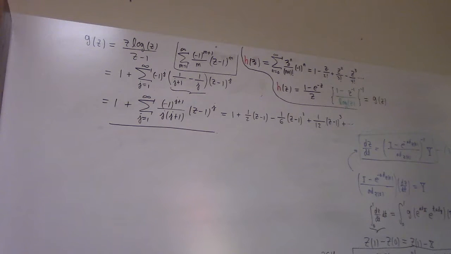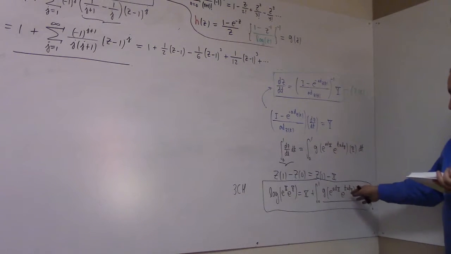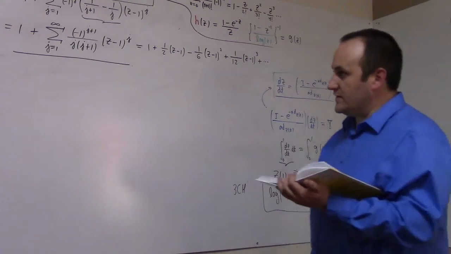Let's see here. Where were we? So we're ultimately after this thing down here, right? G of the exponential of the adjoint. So this of that of y, right? So let's write that out.